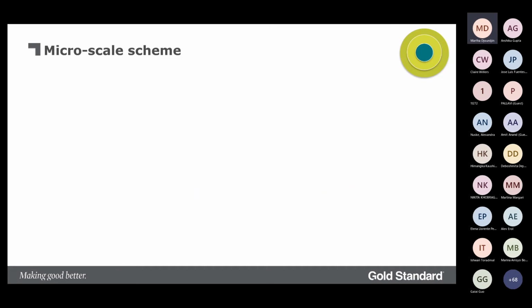Now, the microscale scheme. The microscale scheme is, as I said, something defined especially by Gold Standard. It's different than the microscale definition in the Clean Development Mechanism, and it comes in addition to the small scale simplifications.